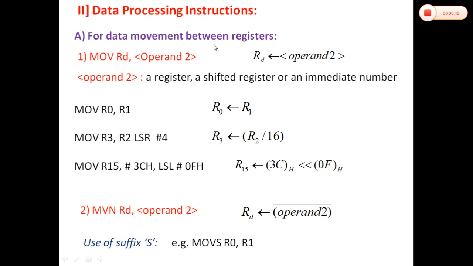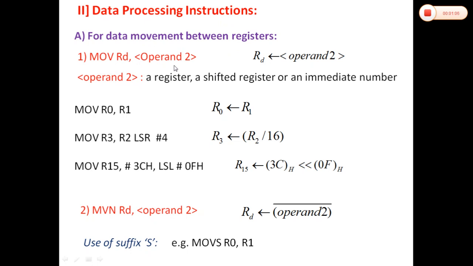Only when the data is moved between CPU registers and memory, then it is called a data transfer operation, and that operation is handled by load and store type of instructions. But when the data is moved between two registers of the register bank, then it is considered under data processing type of operation.